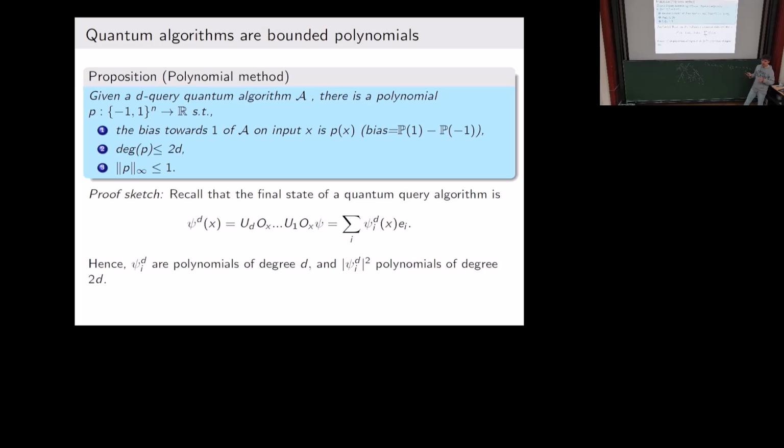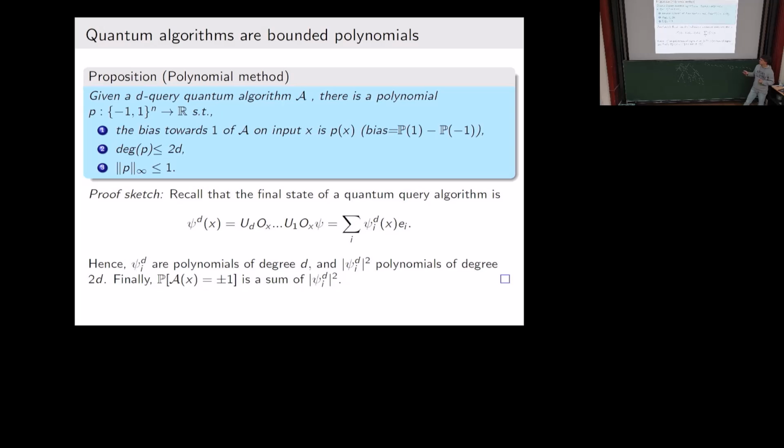Then at the end, remember that the probability of measuring 1 was just, at the end of the quantum algorithm, we measure, which means that we sample from here, and depending on the label I that we output, we say that the value of the function is 1 or minus 1. So the probability that the algorithm says that the value of the function is 1 is just a linear sum of these guys, and the same for minus 1.